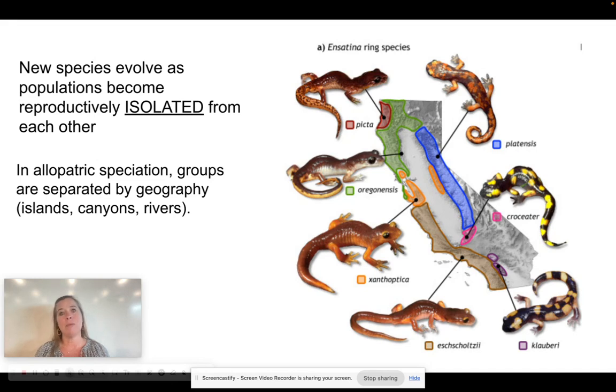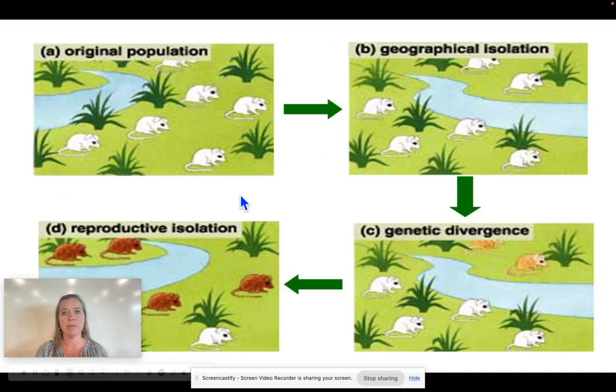Oftentimes, new species arise from subgroups of the same species being isolated from each other. This is called allopatric speciation and is probably the most common way that new species are formed. In allopatric speciation, you can think of these two L's as like a wall in between the A and the rest of the word. The groups are separated by geography, so an island, a canyon, a river.